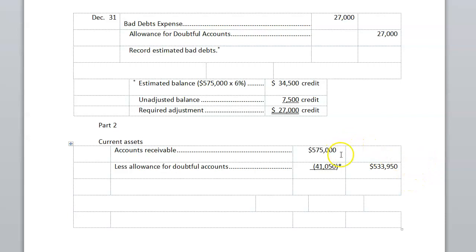So to define each one, accounts receivable is the total that is owed to us. The allowance for doubtful accounts is the amount that we expect to not be collected. And that gives us this amount when we subtract them. That's the amount that we expect to be collected, or we call that the net realizable value.